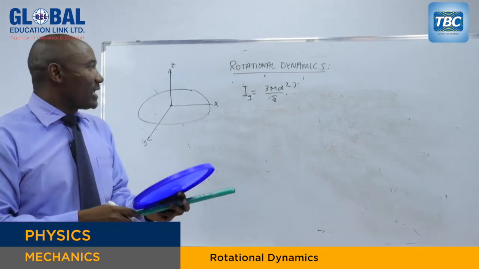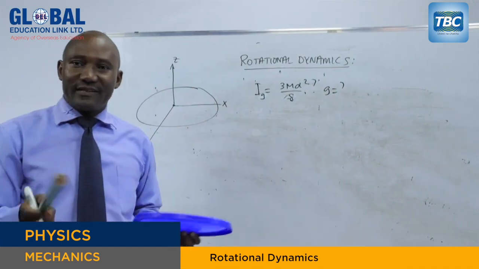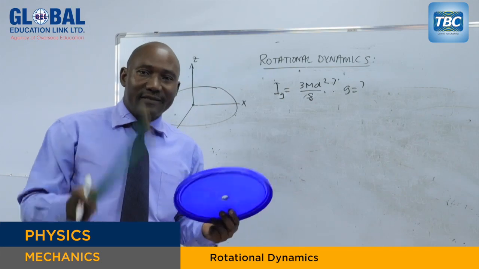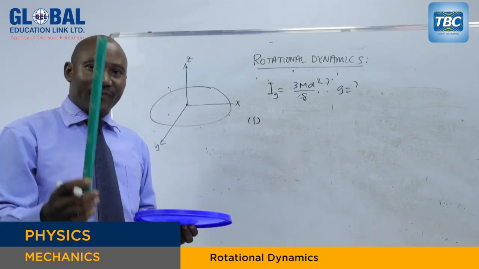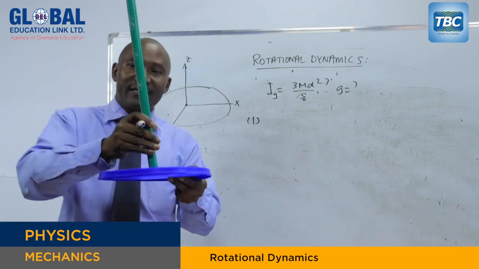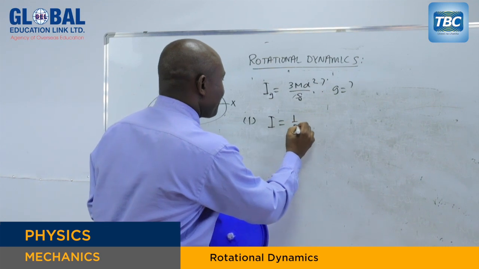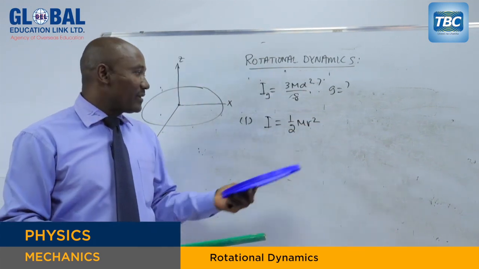Now, which axis is that? Is it the center, diameter, whatever? So let's start step number 1. Let's find out, is it passing through the center? The center of this disk, we know the formula is I equals 1/2 m r squared, where r is the radius.